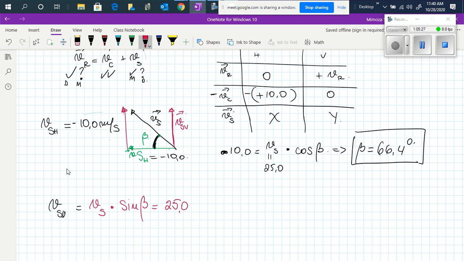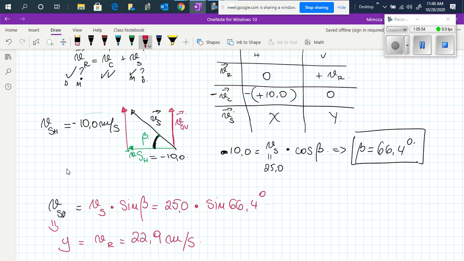So it will be 25 times sine 66.4 degrees. And this is equal, based on the equation, to y and is equal to the resultant velocity. So 25 times sine of the angle is 22.9 meters per second.